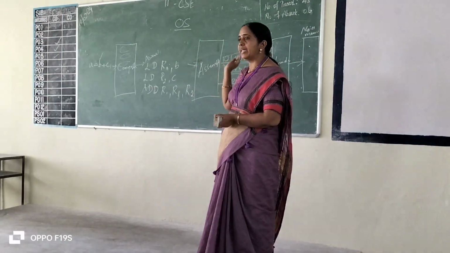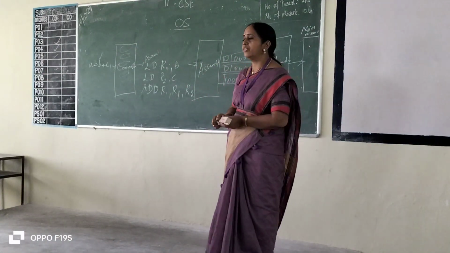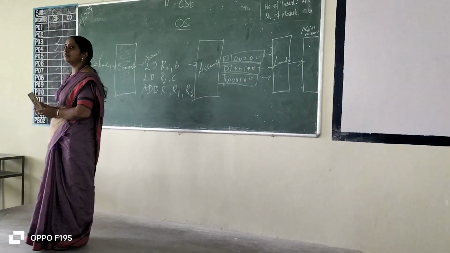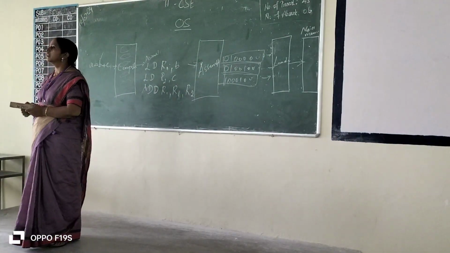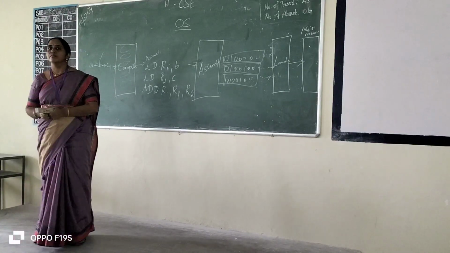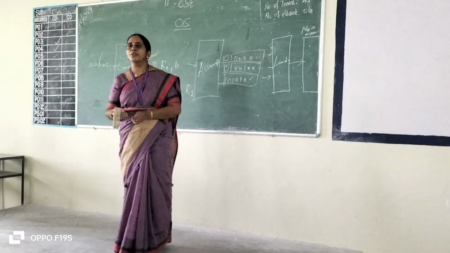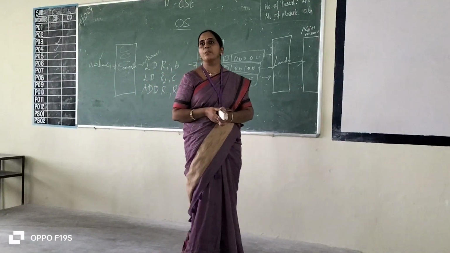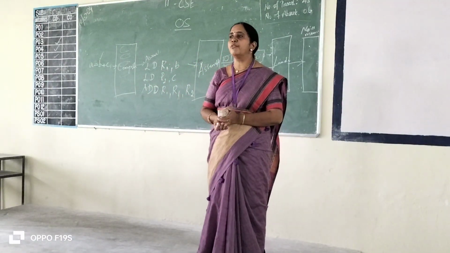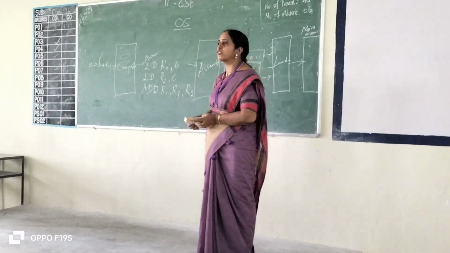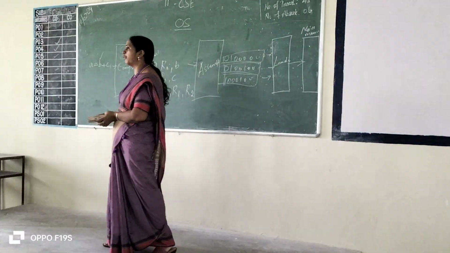Is the execution process complete? No, right? What is the next step? Where is the execution actually performed, in which part of the computer? Processor, right? CPU. Within the processor only the actual execution is performed.